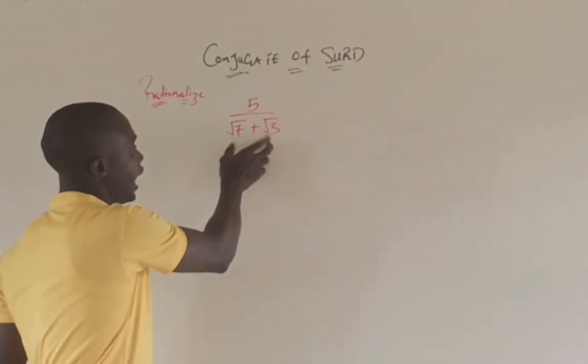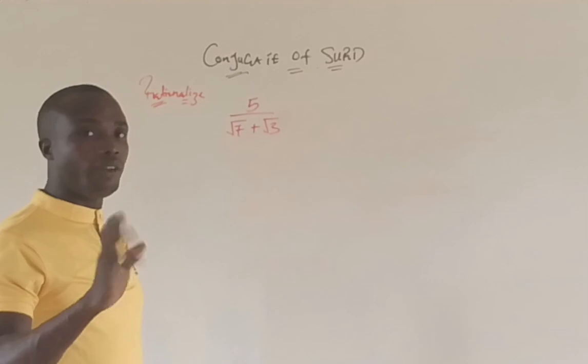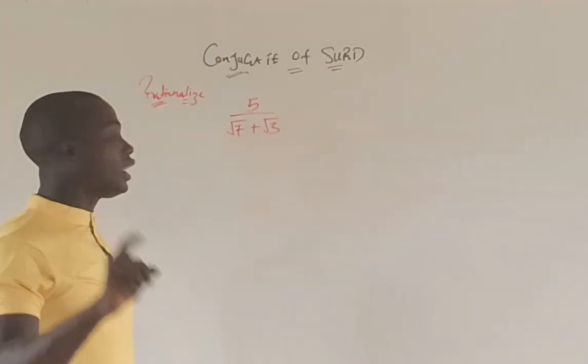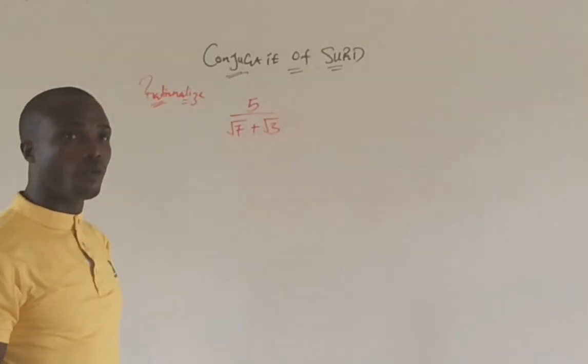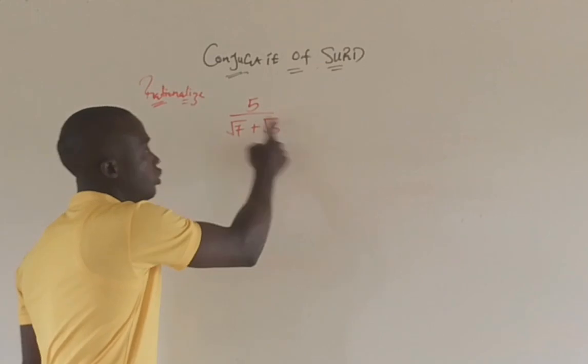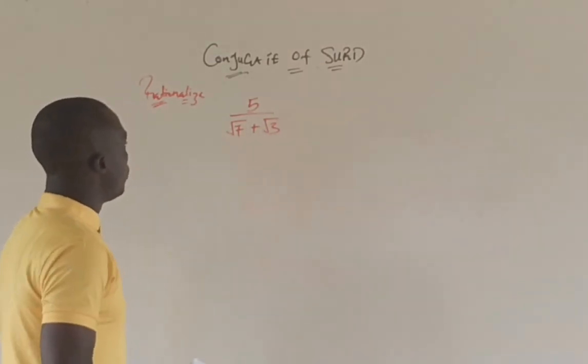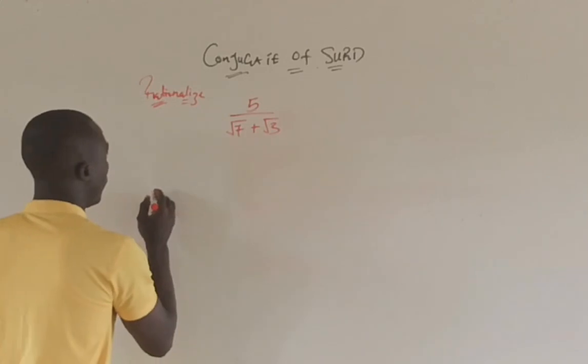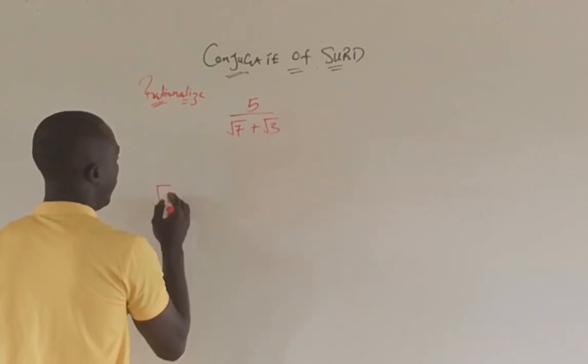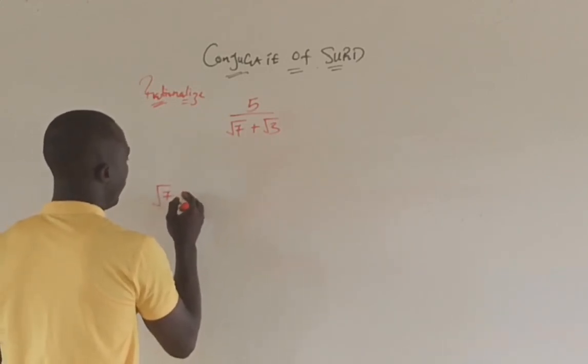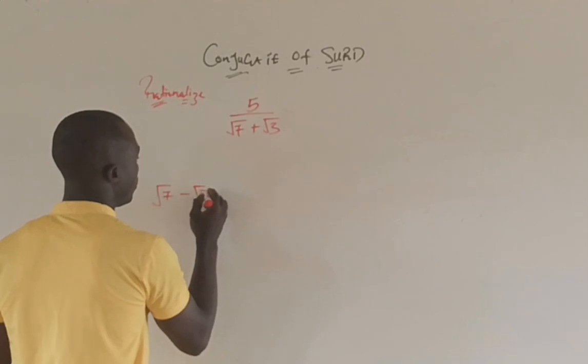Now, when you have something like this, you don't need to stress yourself. It's very, very easy. As I told us earlier, we look for the conjugate of the denominator. So what we have here is this. The conjugate will be root 7 minus root 3.